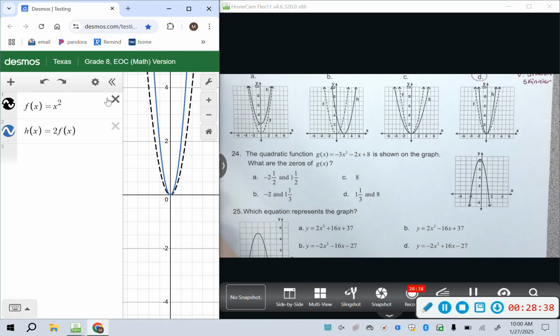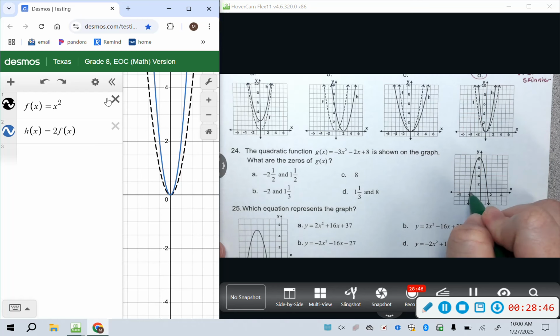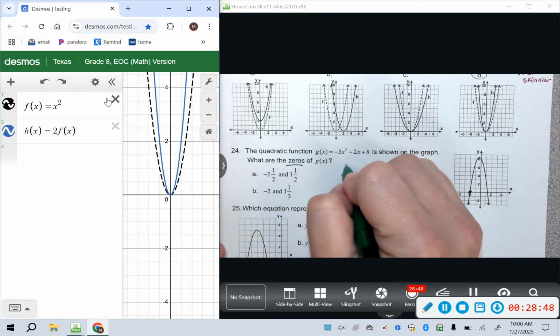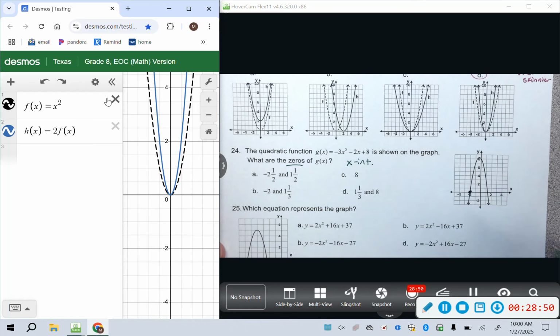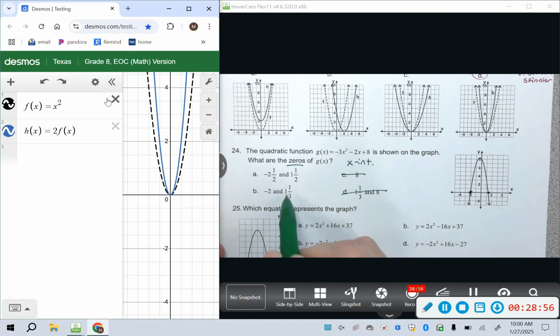Okay, 24 says the quadratic function is shown on the graph. What are the zeros? Remember, zeros are x-intercepts. I have 2 of them. One of them is -2. That doesn't have -2. That doesn't have -2. And then the other one is like 1 point something. So we can type this equation in our calculator.